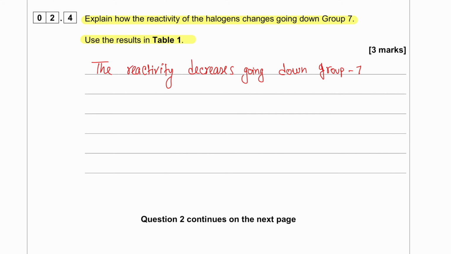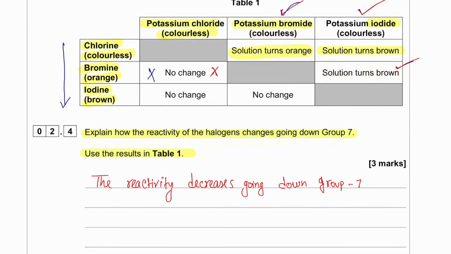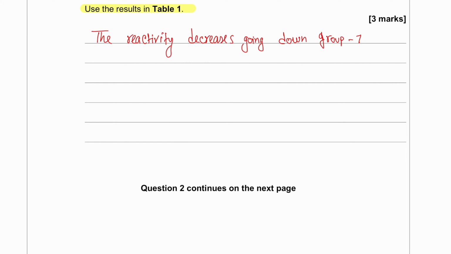Because the chlorine is able to displace, as we have discussed, both the bromide and the iodide. Guys, since we have 3 marks here, I'm going to change colors which will indicate each marking point.